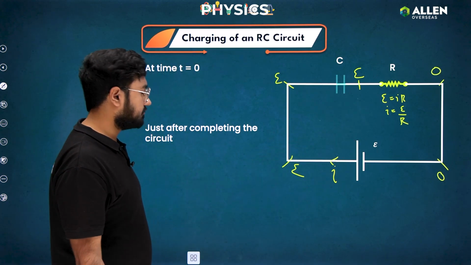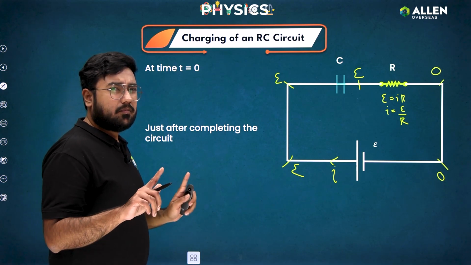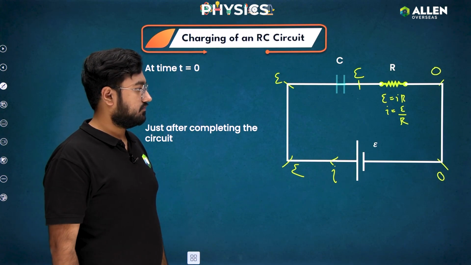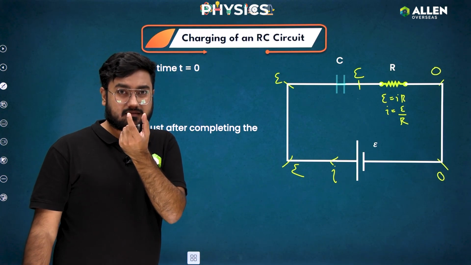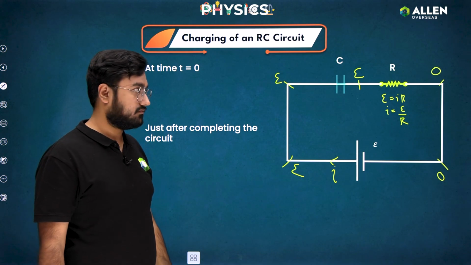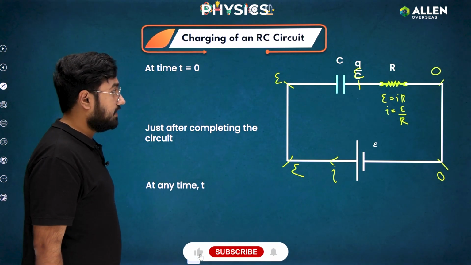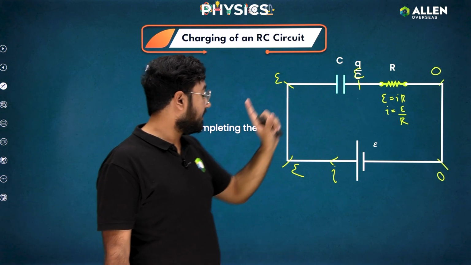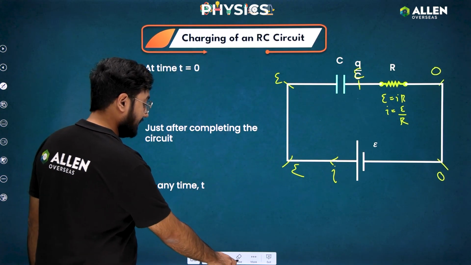Okay. But what is going to happen after some time? The potential difference begins to generate, right? So at time t, the potential across the capacitor will be equal to Q by C. Agreed?